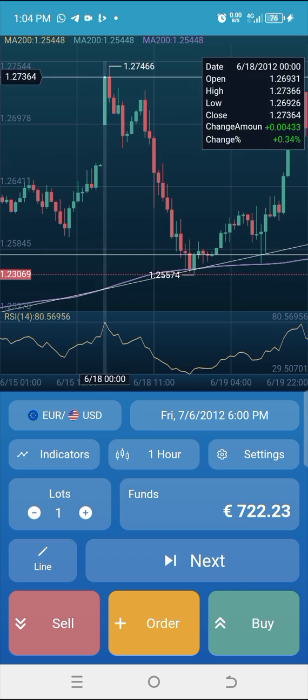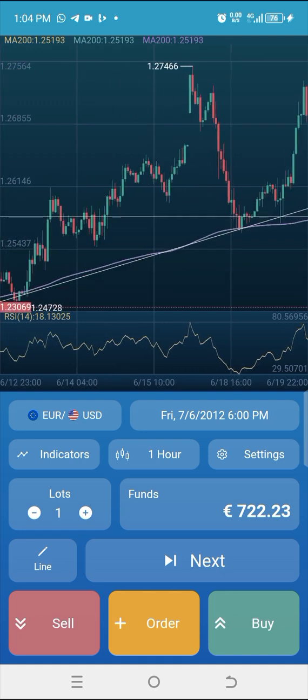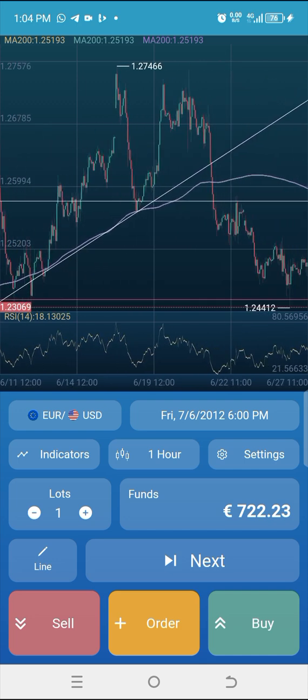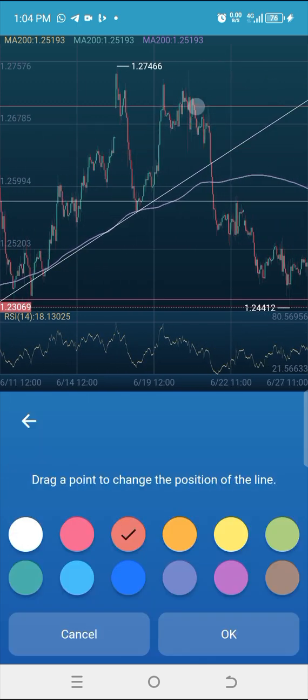If you look at this line, it was showing 80.56. Usually I prefer when it's above 70, and so it's overbought, and the overbought ideally, in my opinion, caused it to break.